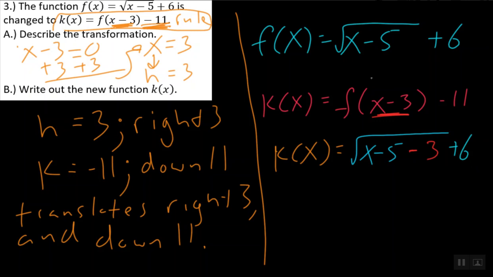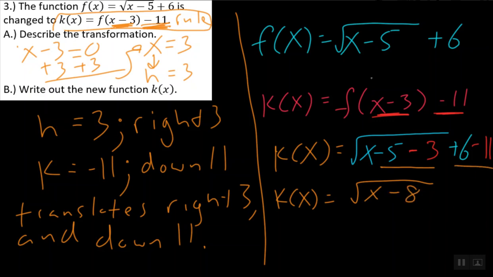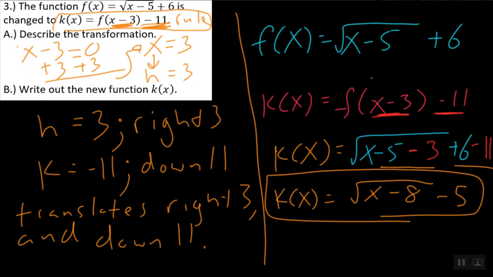But notice they've added this negative 11 on the outside of our grouping as well. So now we have everything we need to write our new function, k of x. We see here that minus 5 and minus 3, and negative 5 minus 3 is negative 8. And on the outside, we have 6 minus 11, which would be negative 5. All right, and there is your new function, k of x.